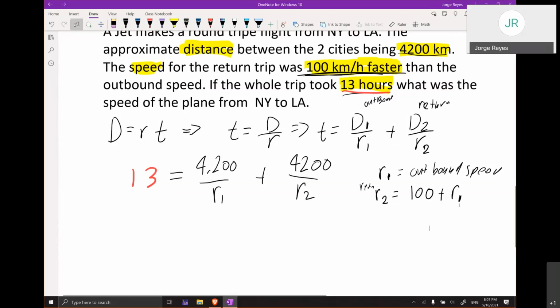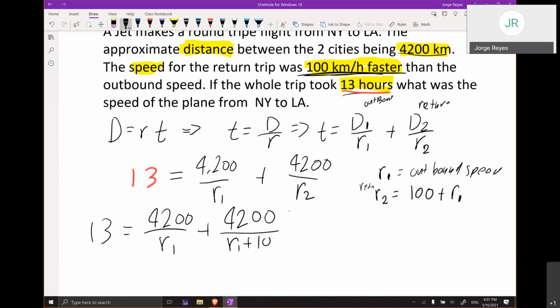Now we can plug this in for R2, and we get 13 equals 4200 over R1 plus 4200 over R1 plus 100.